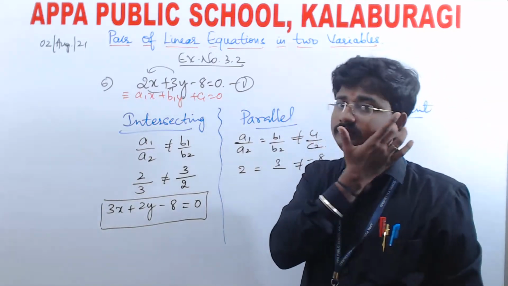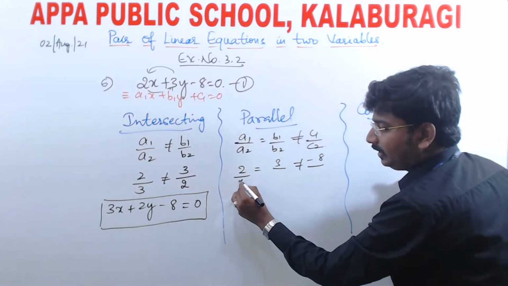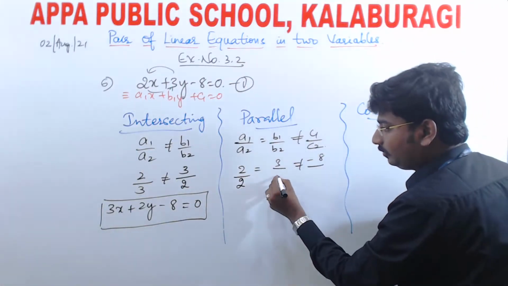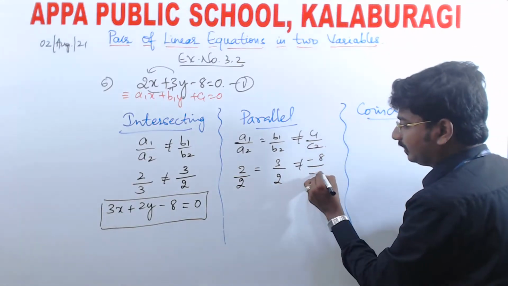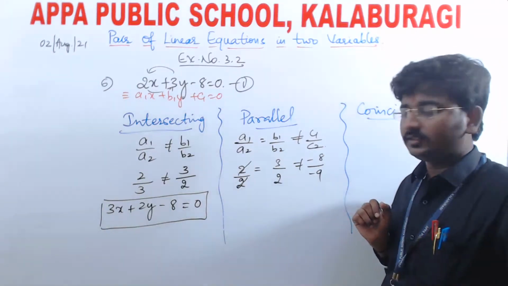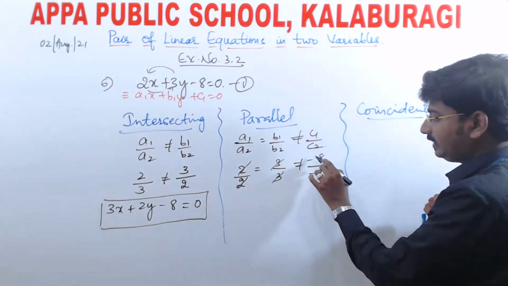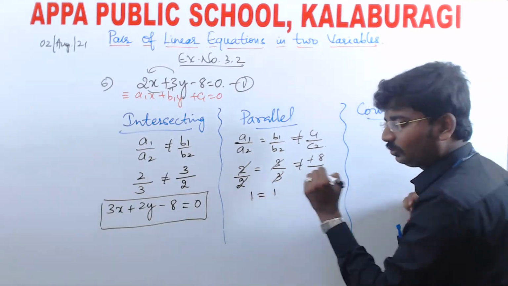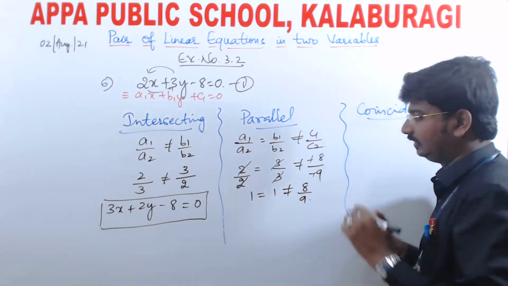What I will do, I will keep the same values of A and B because they are equal. A2 also I will take 2, B2 also 2, but here I will take another number. Think that I will take minus 9. Now what happens? 2 and 2 get cancelled. Here 3 and 3 get cancelled. Minus sign I can cancel. 1 is equal to 1, but not equal to 8 by 9.